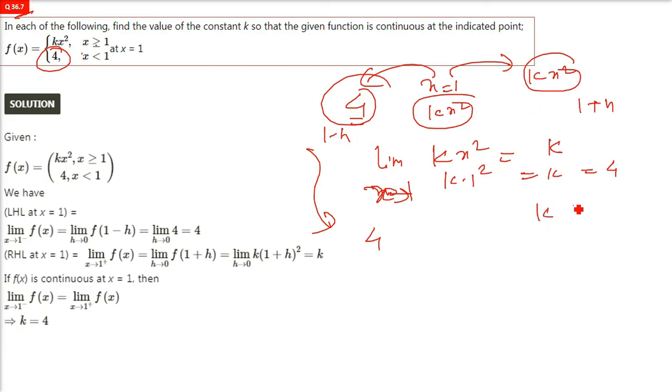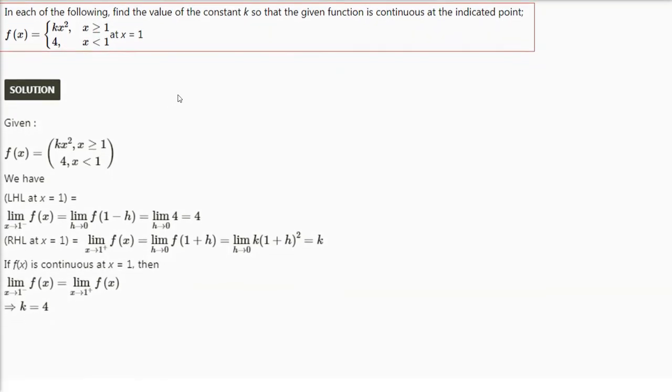But here there is no problem. Even if you apply the limit, it is going to be the same, k into 1 plus h square, h is eventually 0, so it is k into 1 square only. It is going to be equal to 4 because 4 is a constant, we don't have any x here.